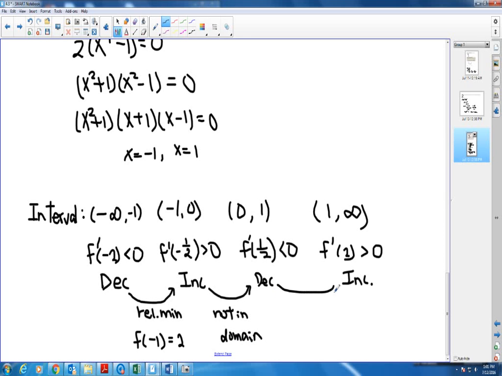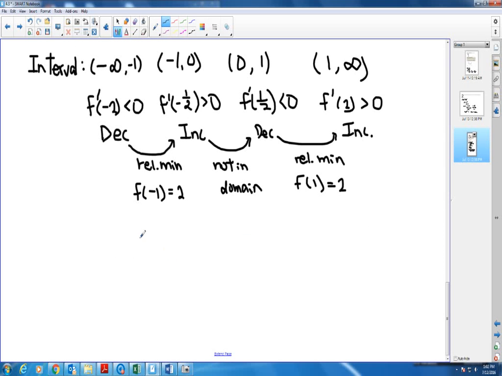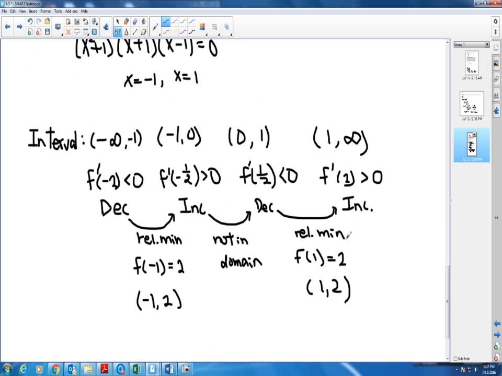From decreasing to increasing again, there's another relative minimum. If I substitute positive 1 into the function, I get positive 2. So I end up with two relative minimums: (-1, 2) and (1, 2).